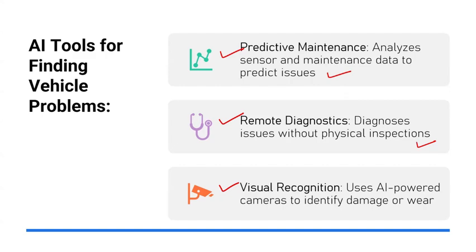So what they do is relay that information to a server, and from there the technician can perform diagnosis. Then visual recognition is there. This is an AI-powered camera to identify damage or wear. That means your AIs use high definition cameras to find out damage in your vehicle.